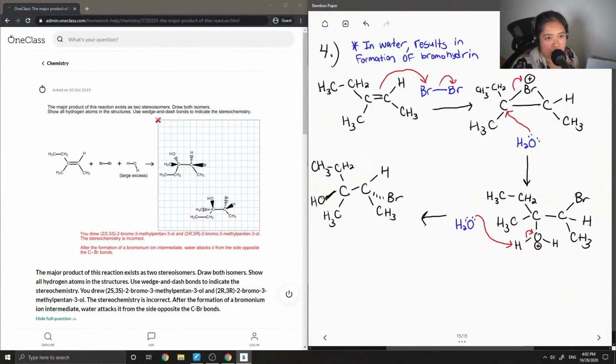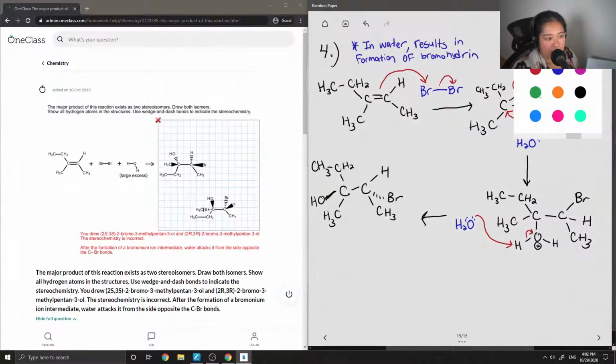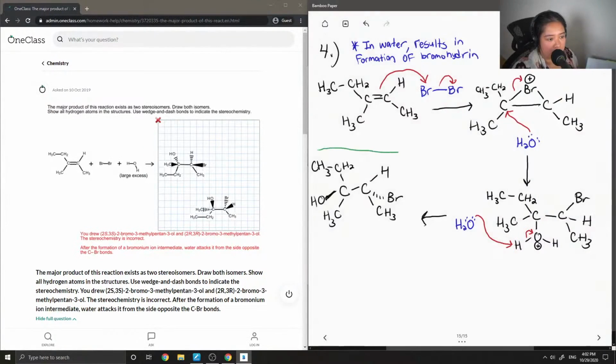Okay, so this is one of our products showing the stereochemistry. Or we could have the following.